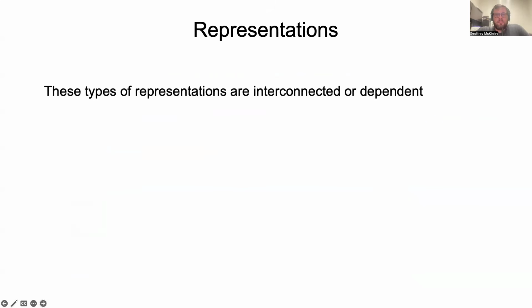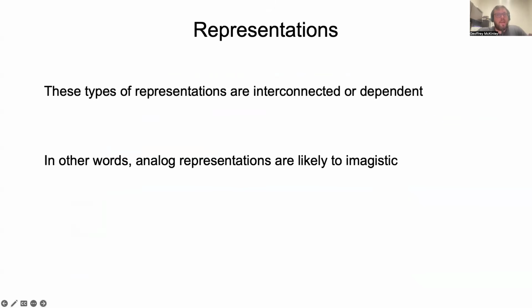In other words, we think of analog representations as basically imagistic representations. If you think about how precision varies much more with analog representations, it makes sense that imagistic representations are likely to be analog, right? If you think of a painting, it can get ruined, whereas a digital representation of a painting would be less susceptible to decay, right?